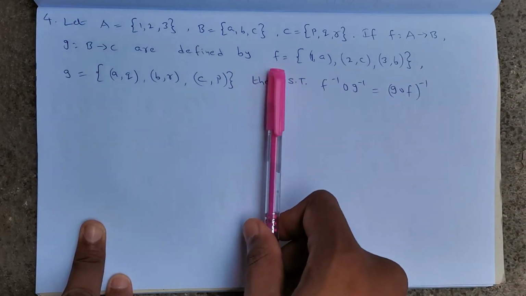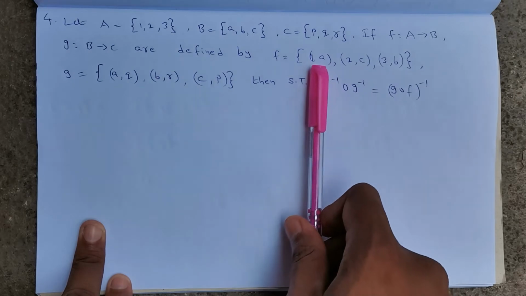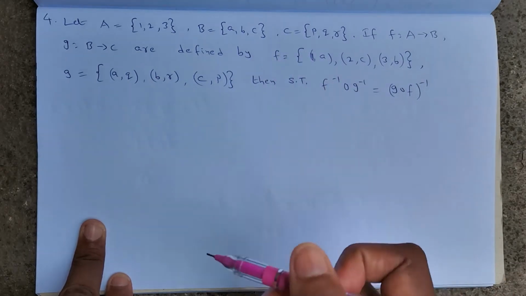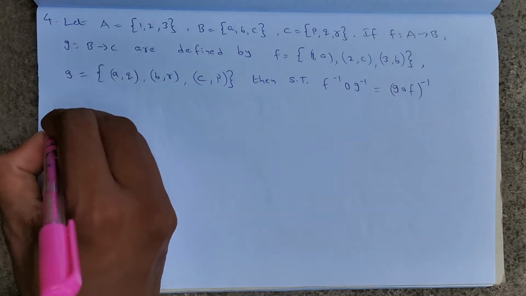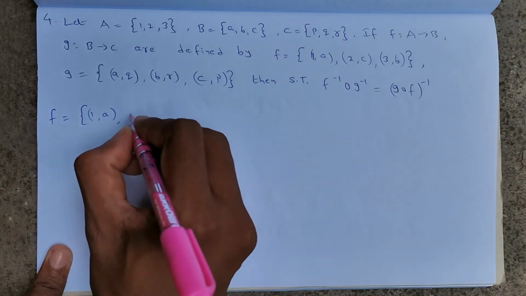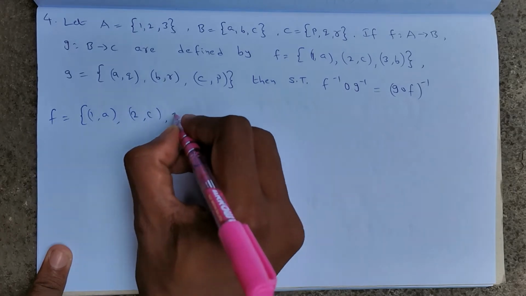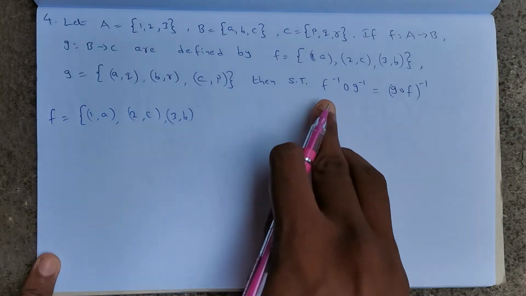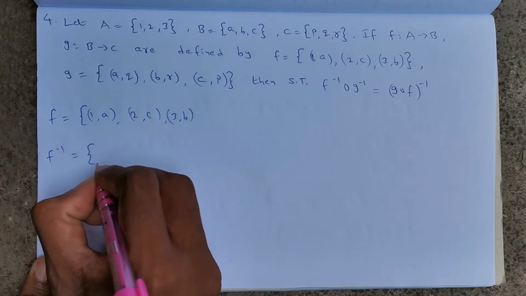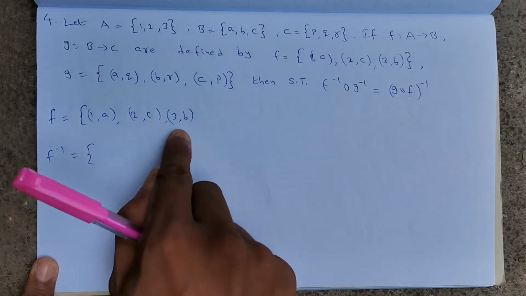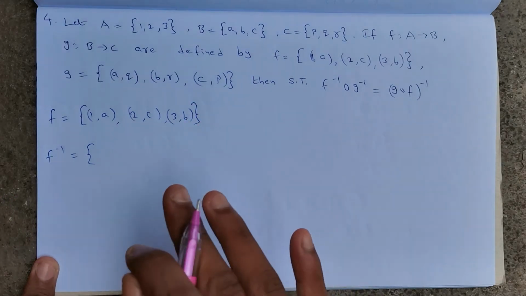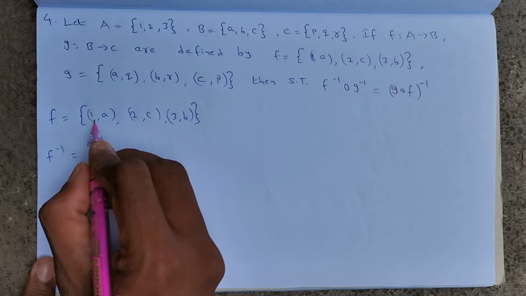Here the functions are given as ordered pairs, so writing the inverse is very easy. Function f is given as (1, a), (2, c), (3, b). Then f inverse is obtained by simply exchanging the coordinates of every ordered pair, since this is the x coordinate and this is the y coordinate.